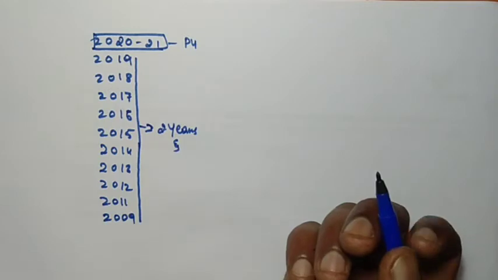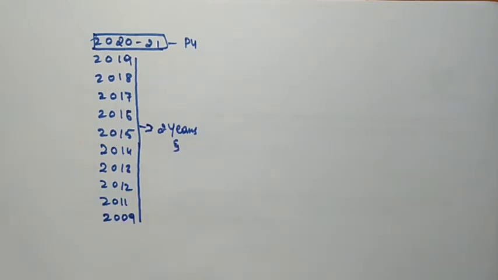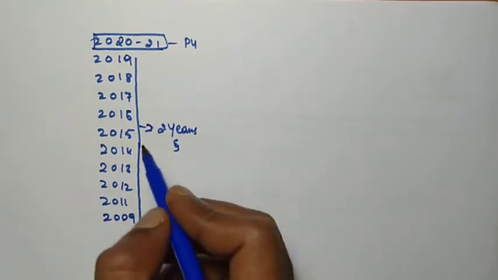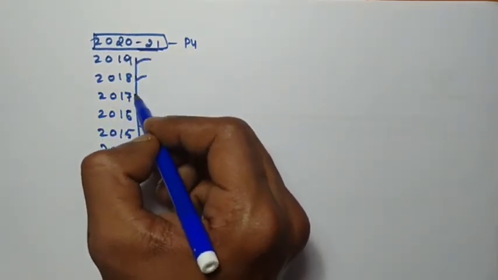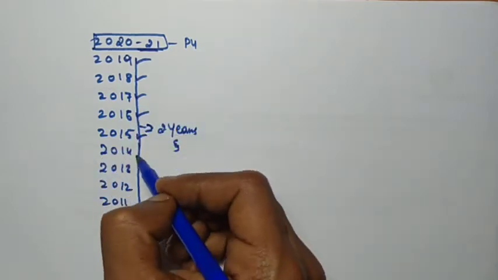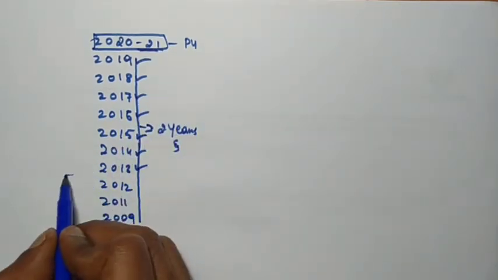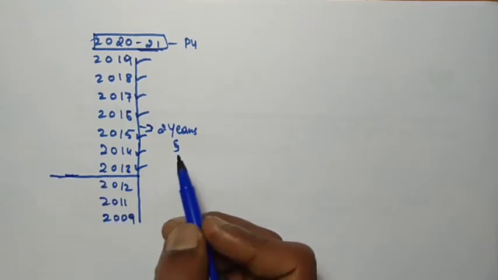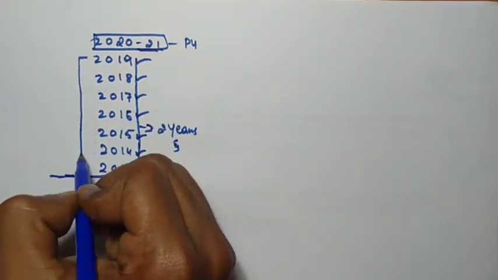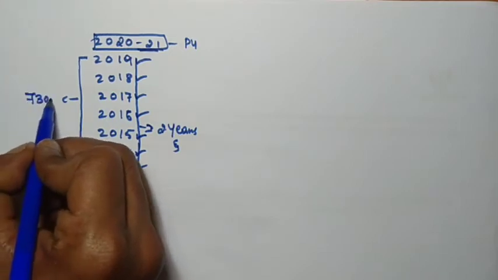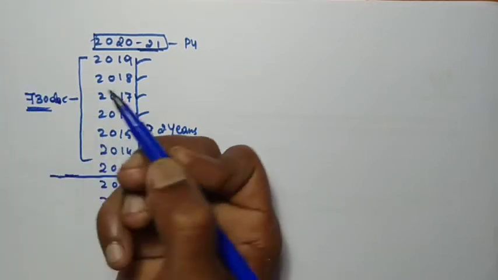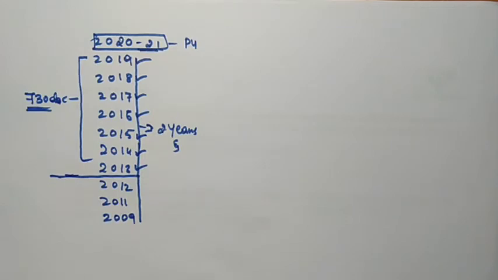And in the last 7 years preceding the relevant previous year, 1, 2, 3, 4, 5, 6, 7, in these 7 years, you should stay for 730 days. So, is it clear?